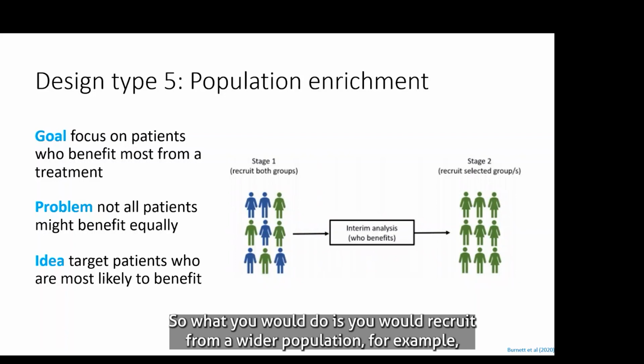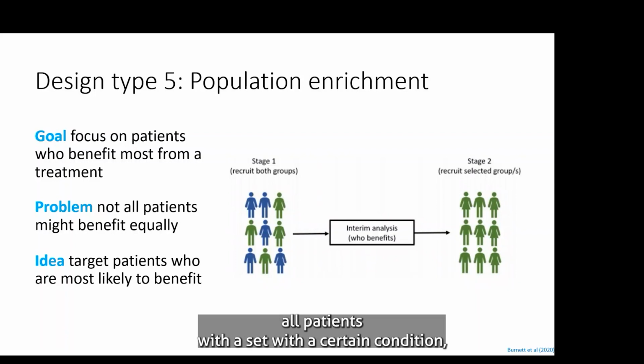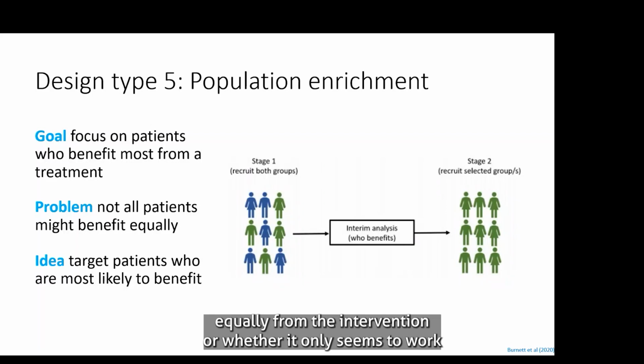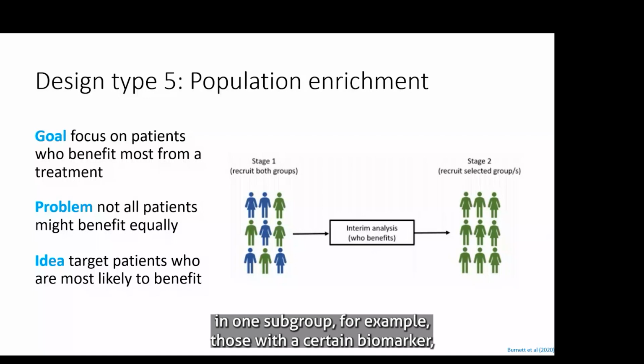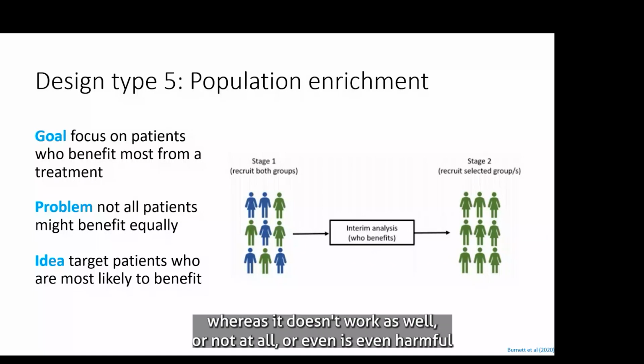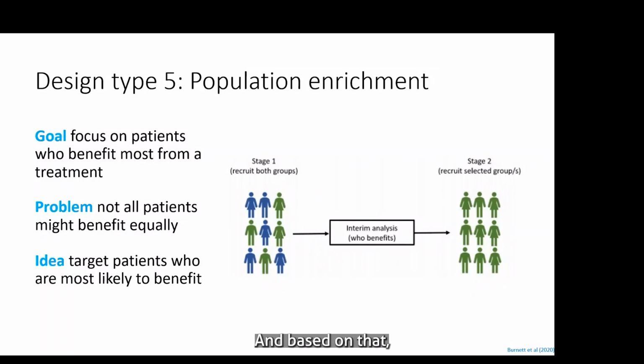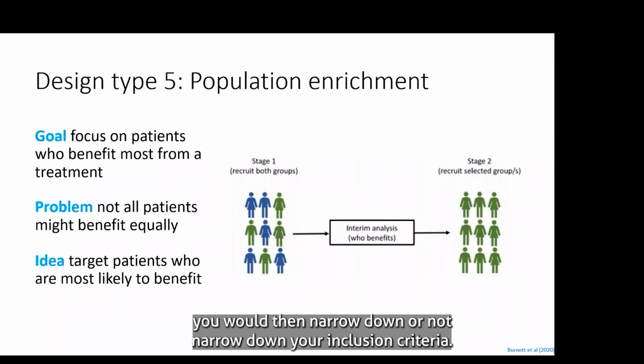So what you would do is you would recruit from a wider population, for example, all patients with a certain condition, and then at an interim analysis, you would assess whether they all benefit equally from the intervention or whether it only seems to work in one subgroup, for example, those with a certain biomarker, whereas it doesn't work as well or not at all, or even is harmful in another subgroup that doesn't have that biomarker. And based on that, you would then narrow down or not narrow down your inclusion criteria.